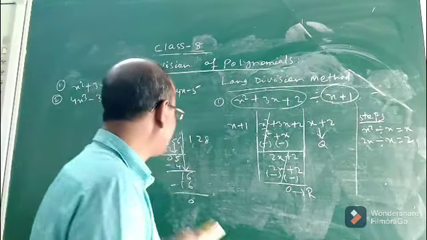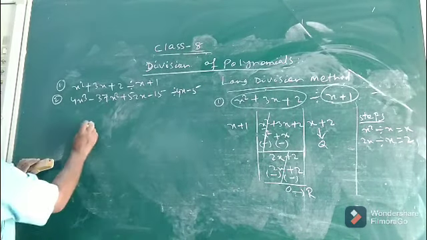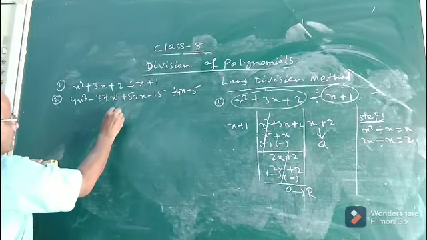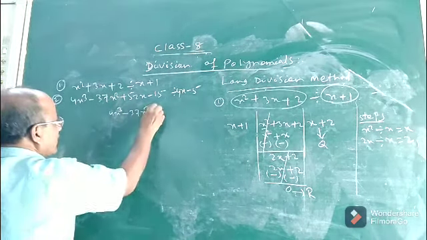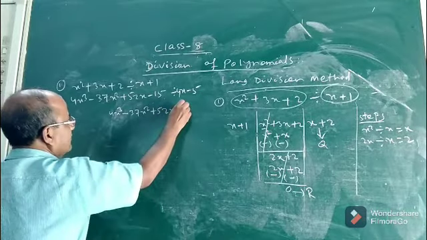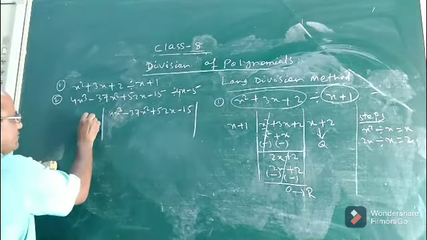Okay, let us discuss another one. Suppose you are given a cubic polynomial 4x cube minus 37x square plus 52x minus 15 divided by 4x minus 5.